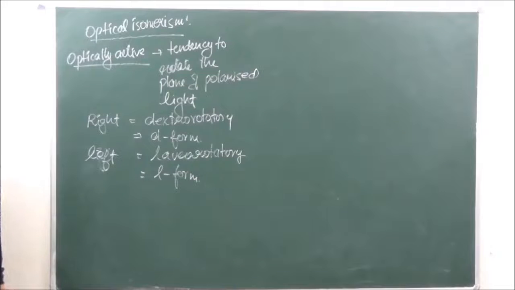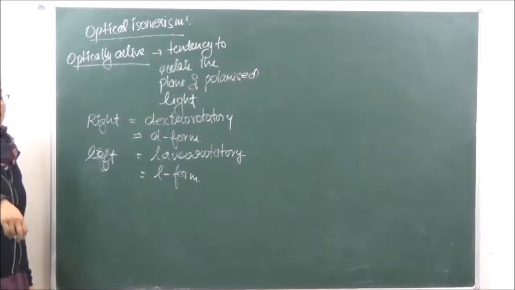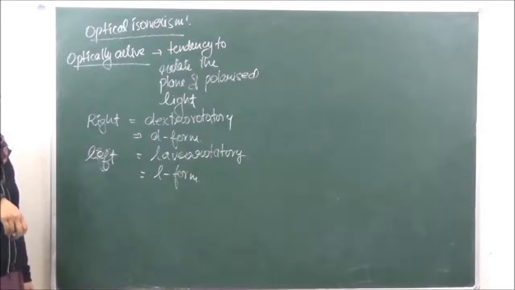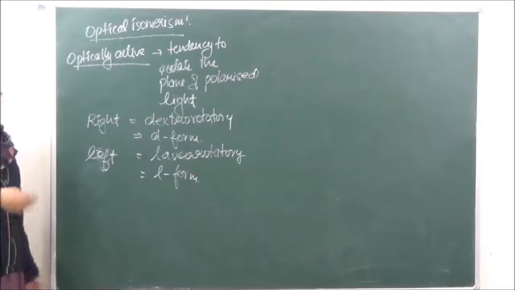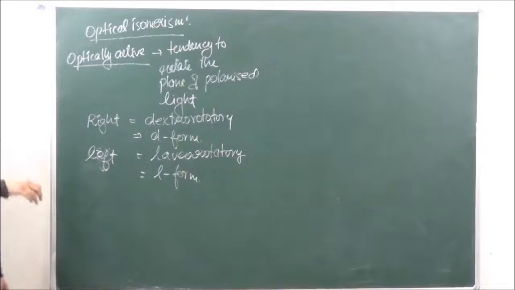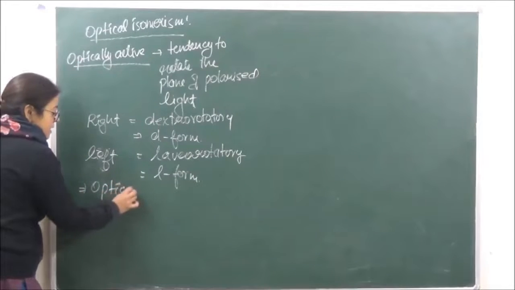So all the complexes which rotate the plane of polarized light are said to be optically active. If they rotate it towards the right, they are dextrorotatory. If they rotate it towards the left, they are laevorotatory. Now optical isomers, what are they?